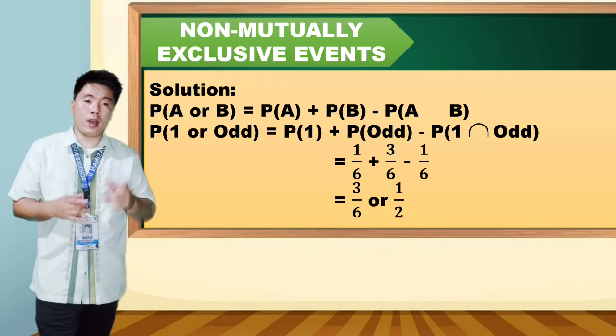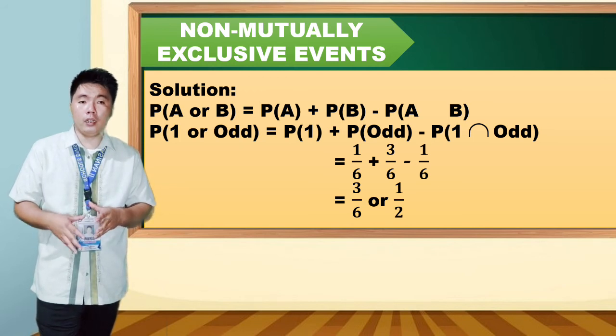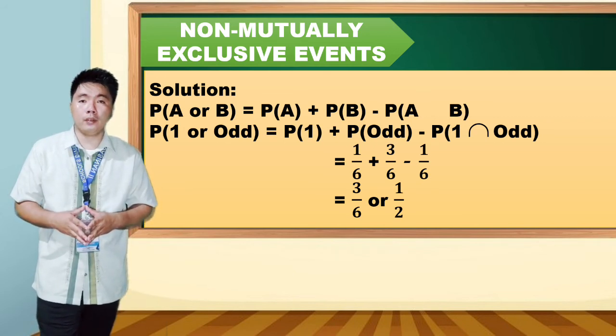We only have 1 as our odd on that part, so 1 out of 6. Simplifying that, we'll have 3 over 6, or 1 over 2, or in decimal, we'll get 0.5, or 0.50, as our solution.